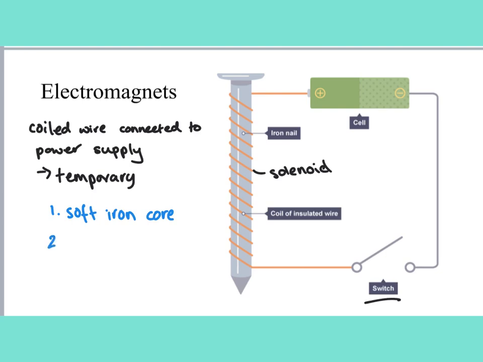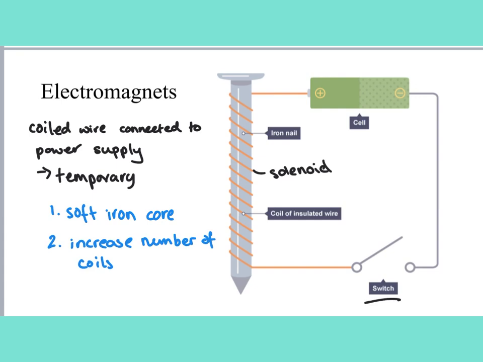The second way is to increase the number of coils. So the more coils around the wire, or the more coils in the solenoid, the stronger our electromagnet will be.